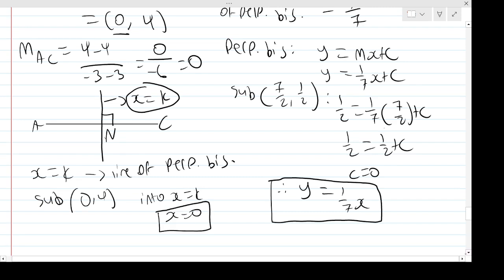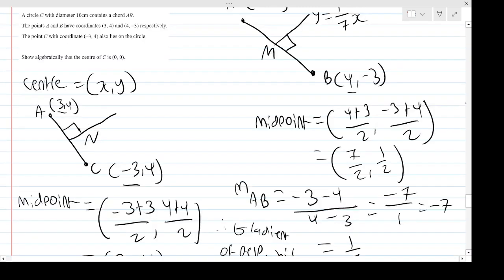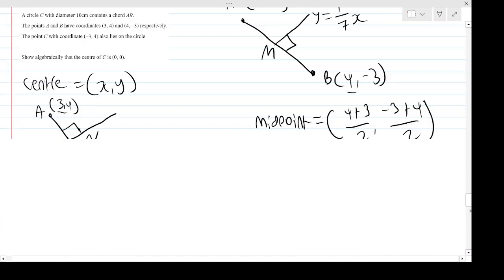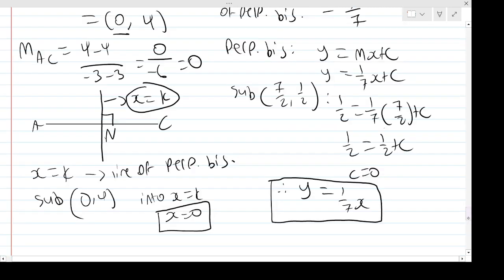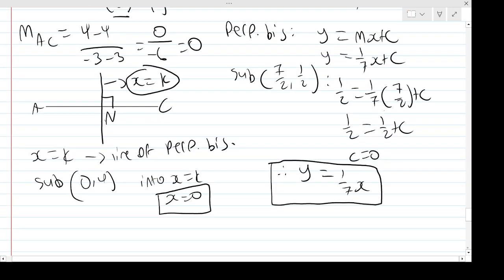Now, what we've got now is two lines, the centre, right? Every perpendicular bisector of a chord has to pass through the centre. That means that these two bisector equations that I've just worked out must intersect, and their intersection must be the centre of the circle, okay?